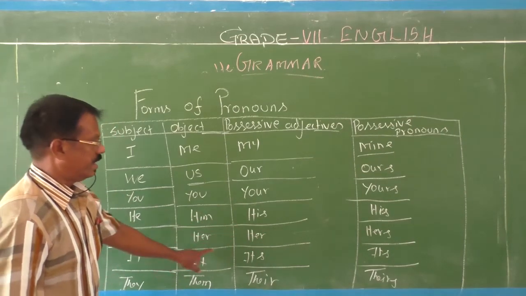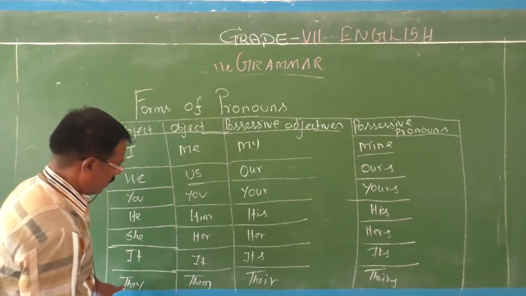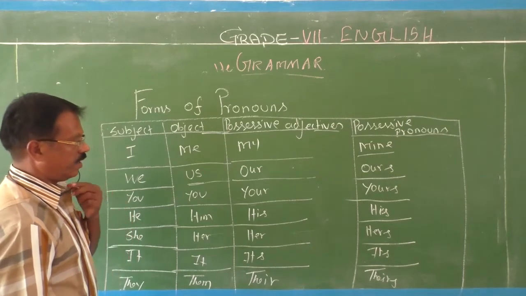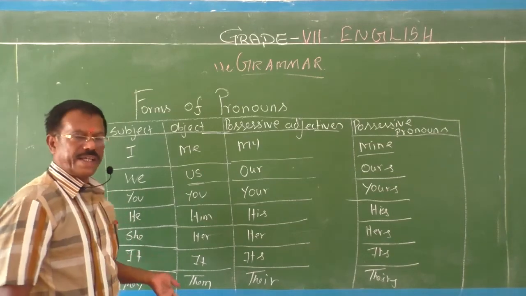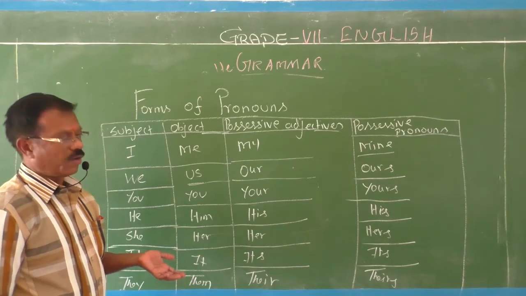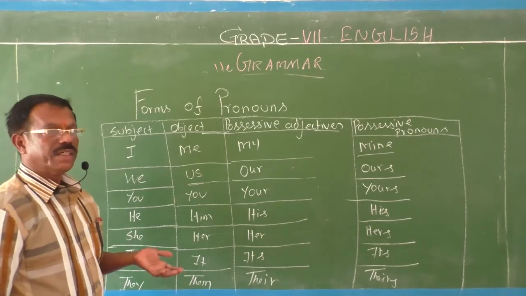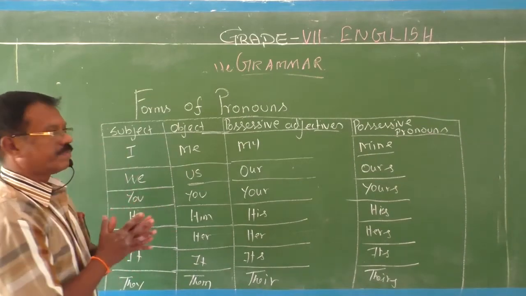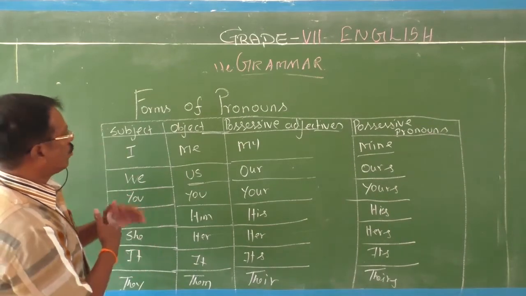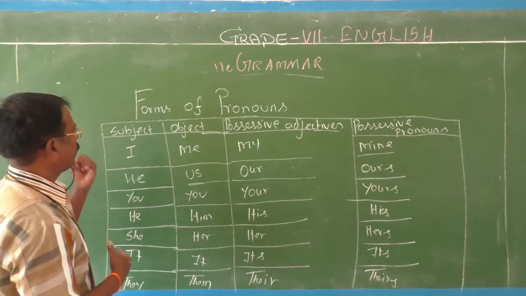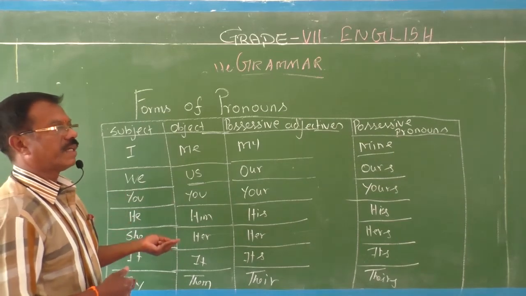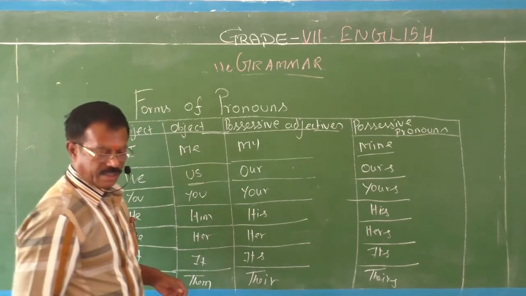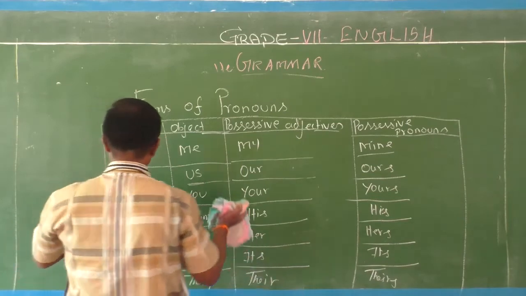It, its. They, them, theirs. Okay. So, if you learn in this way, you could easily understand. Any doubt, children? I hope you don't have any doubts in your mind. Now, you have a clear vision of these forms of pronouns in your mind. So far now, you have learned subject form of the pronouns, object form of the pronouns, and then possessive pronouns. Okay, children? Okay, next. Let me explain the remaining types.